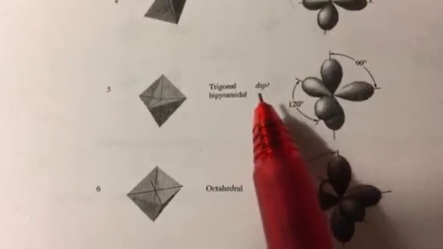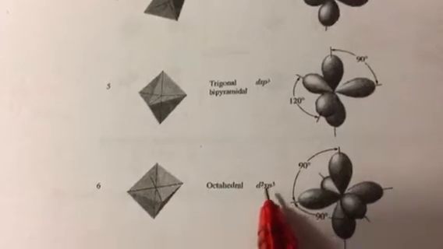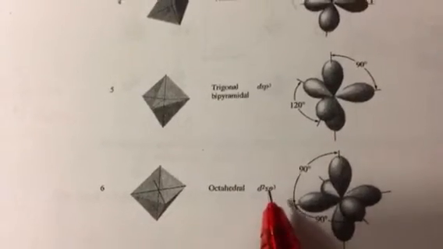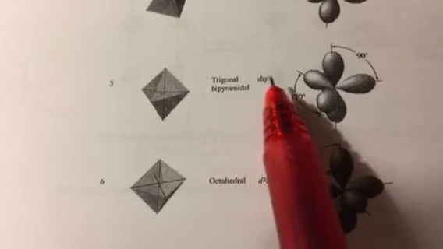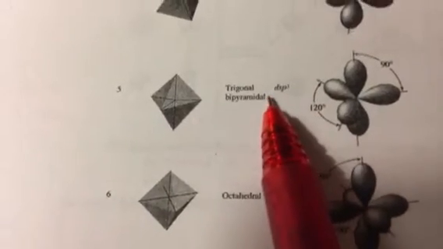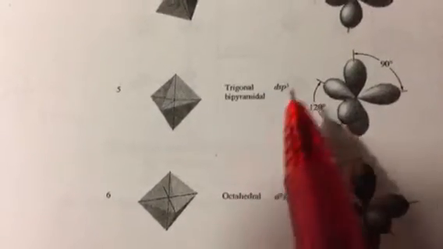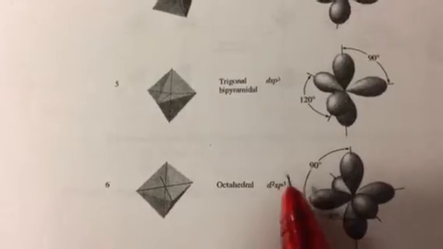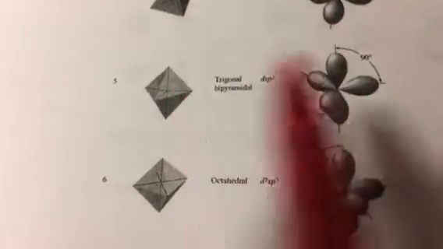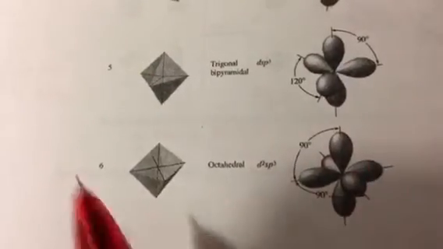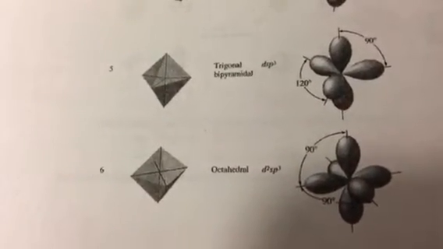So sometimes you'll see sp3d and sp3d2. That means they hybridized the s and all 3 p's and a d orbital, one of the 5, or 2 of the 5. Scientists now believe that this isn't how it works, so we don't have to teach this in AP chemistry anymore.